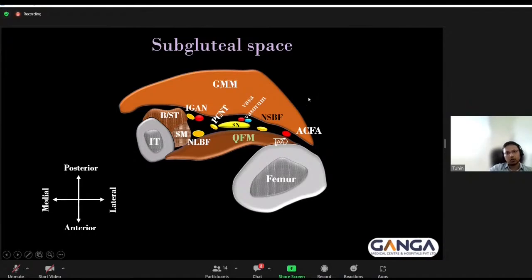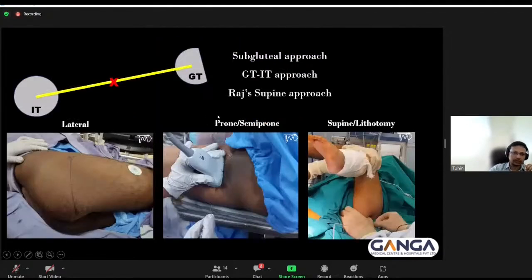Why choose the subgluteal space? Because the bony landmarks are very easy to palpate, and it is relatively superficial as compared to the transgluteal approach, that is Labat's and Winnie's modification. So a very simple landmark: the ischial tuberosity medially and the greater trochanter laterally.